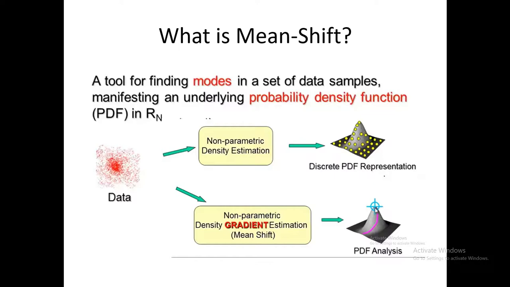While in a non-parametric distribution, the assumptions about the form of the underlying probability distribution function from which the data are drawn are unknown to us. So given this kind of non-parametric distribution, the mean shift is good for analyzing it.